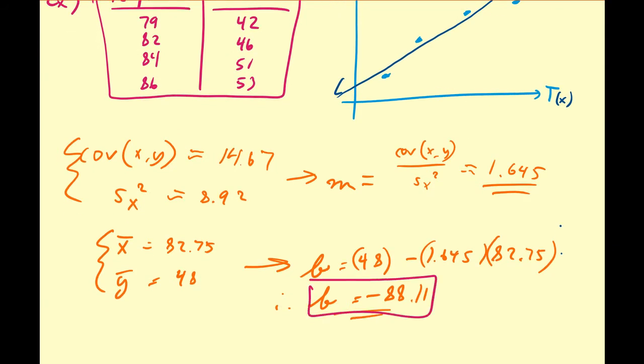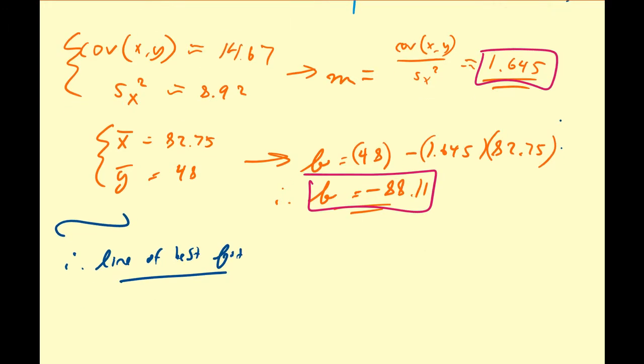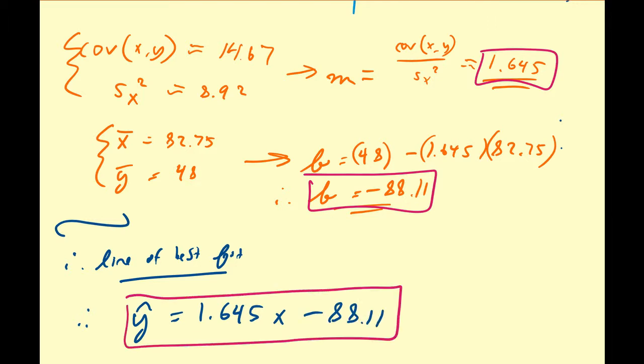So these are our two line of best fit statistics. Alright, so what does that mean? That means the line of best fit is y hat equals 1.645 x minus 88.11. So this is the line of best fit.